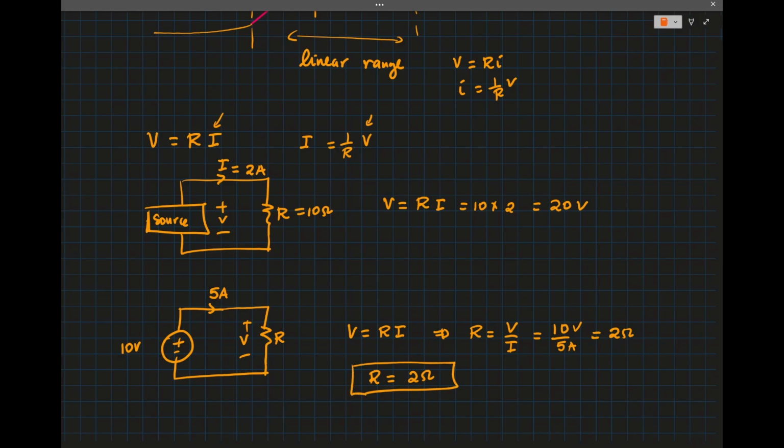Okay, so given any two of these three variables, we should be able to calculate the third one by manipulating this equation.